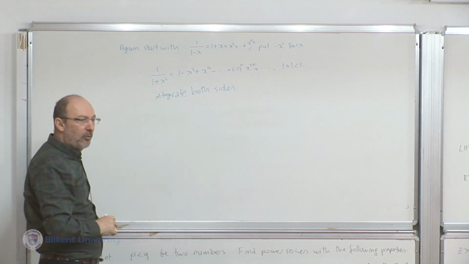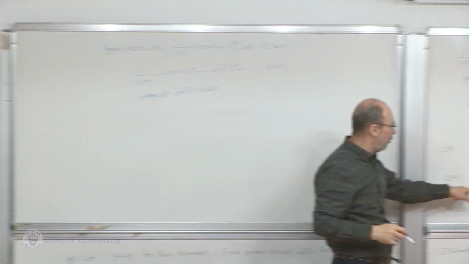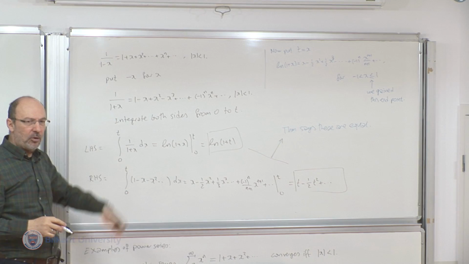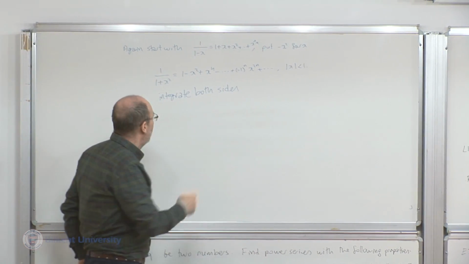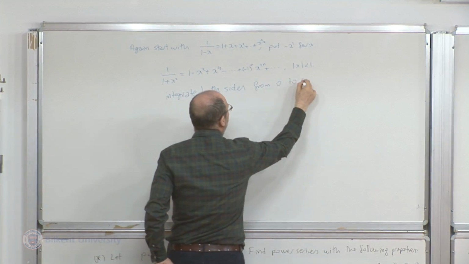From 0 to x. Okay, so from 0 to x means that first you integrate from 0 to t, and then you put t equals x. But now you are experienced, you are at the end of calculus, so we integrate both sides from 0 to x.